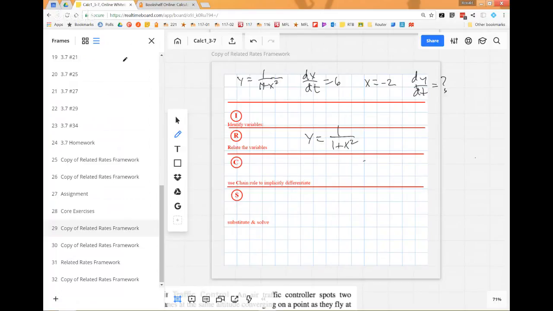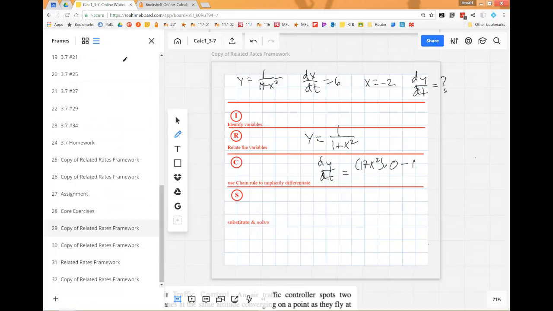Use the chain rule to implicitly differentiate, and we want to differentiate with respect to time. That's the new aspect to this lesson. So on the left, dy/dt. And on the right, we have to use the quotient rule: denominator times derivative of numerator, well, that's 0, minus numerator times derivative of denominator.